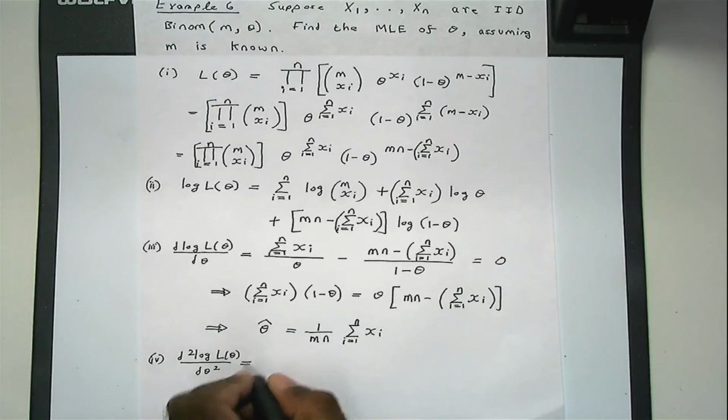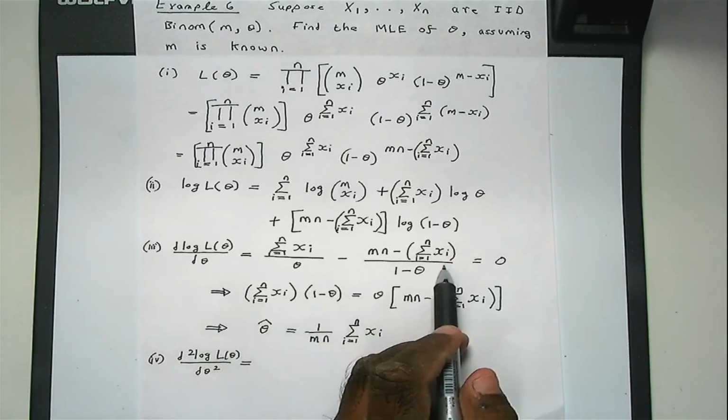The second derivative is the derivative of this one with respect to theta.